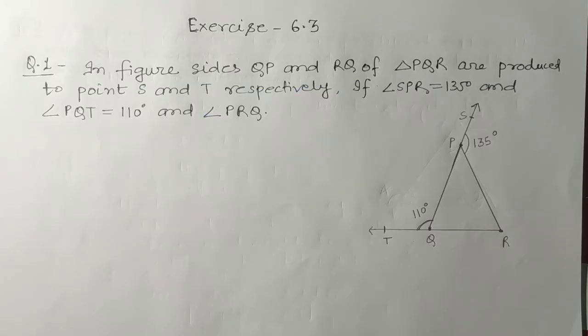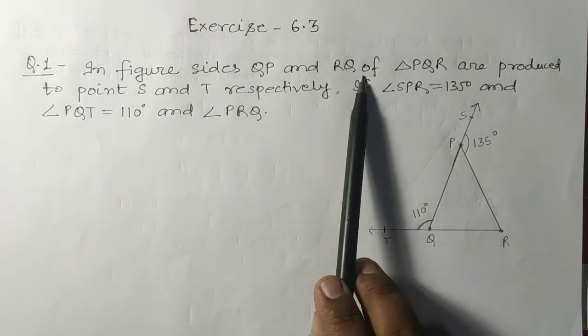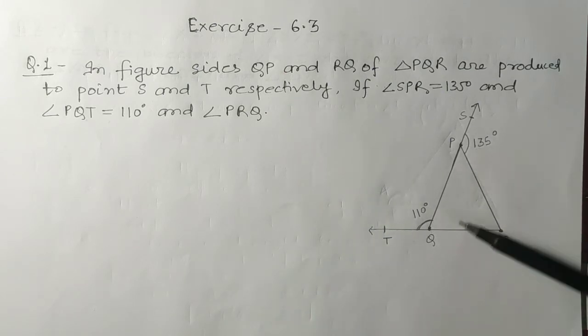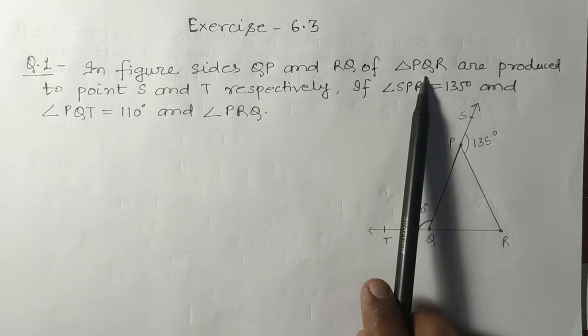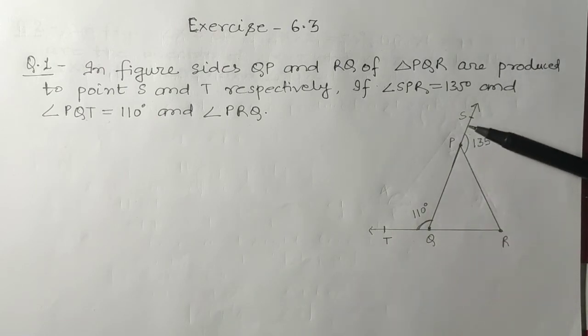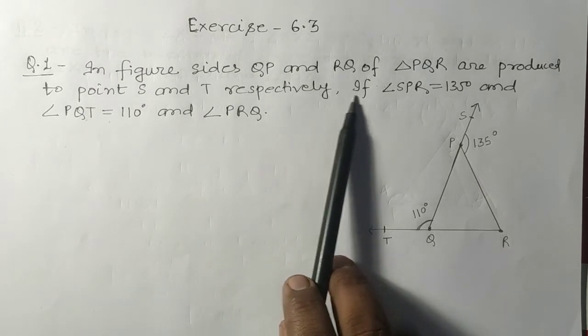So the first question of exercise 6.3 is: in the figure, sides QP and RQ. This is QP and this is QR. The sides QP and RQ of a triangle PQR are produced. This QP is produced to S and this RQ is produced to T respectively.